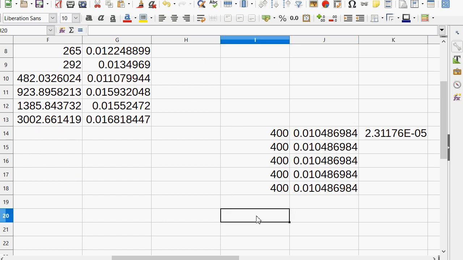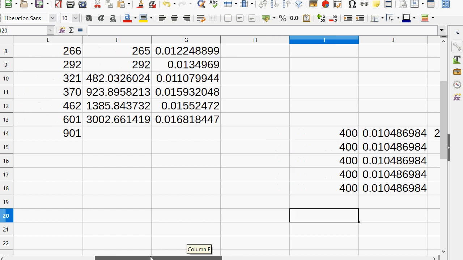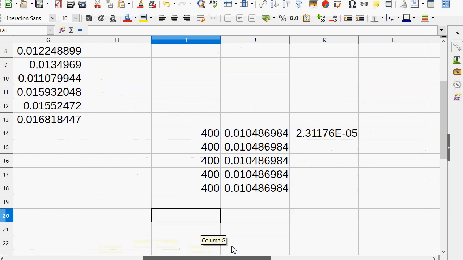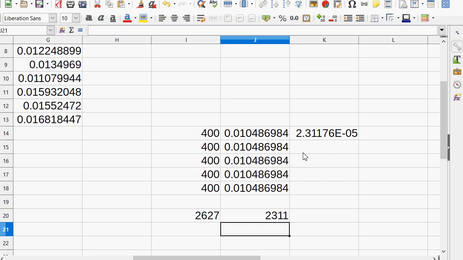So this is where I used a different spreadsheet last time. That's why I was having a brain freeze right now. So therefore, what I'm going to do is this way. We got 2627. So 2627, 2311. So let's do that. Let's just keep on doing it that way, where we just do, say, that number multiply 0.88.